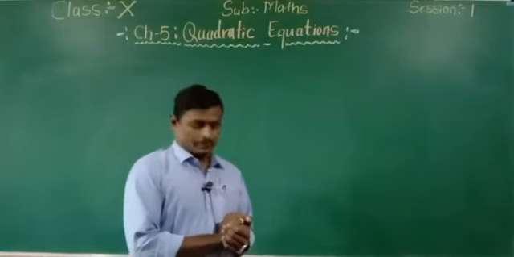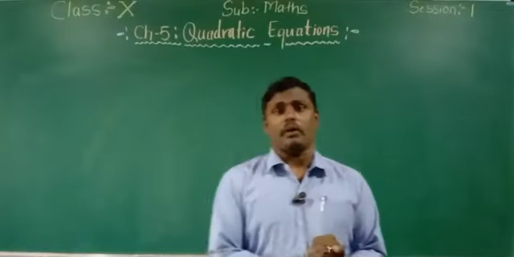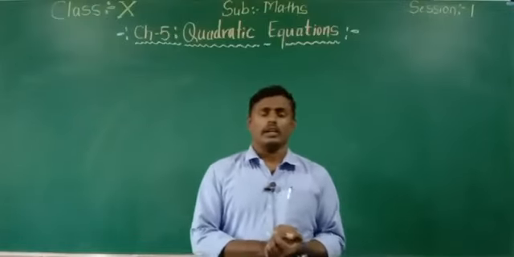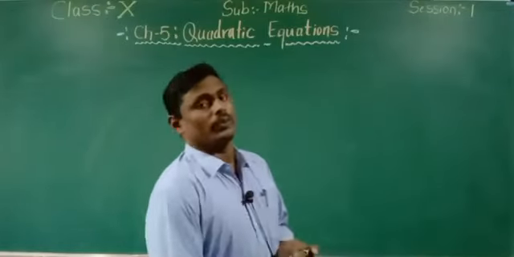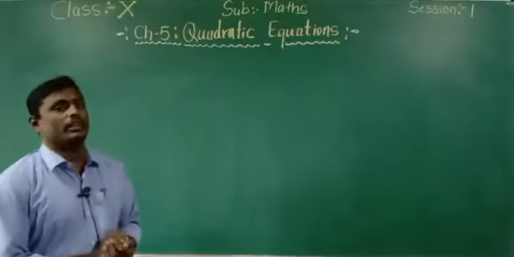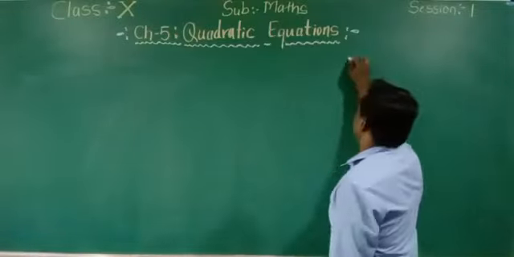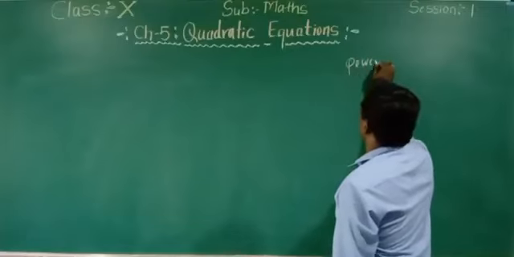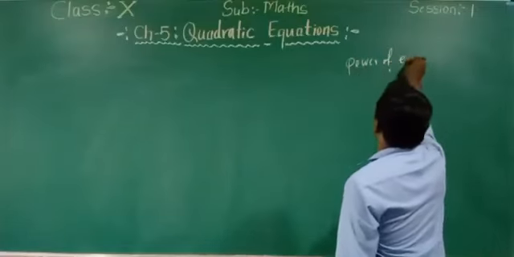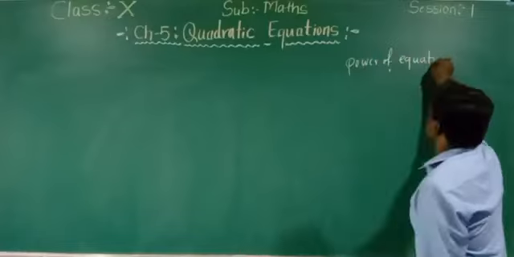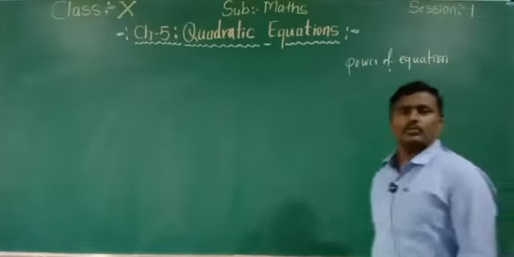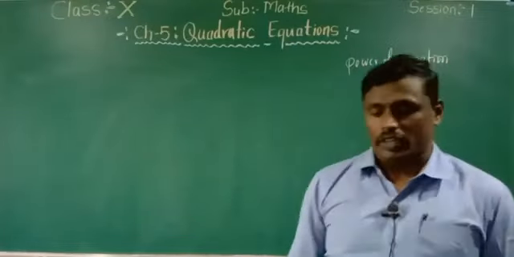In exponents and powers, or in polynomials, we already learnt the power of the equation or degree of the polynomials. So what is the meaning of the power of equation?